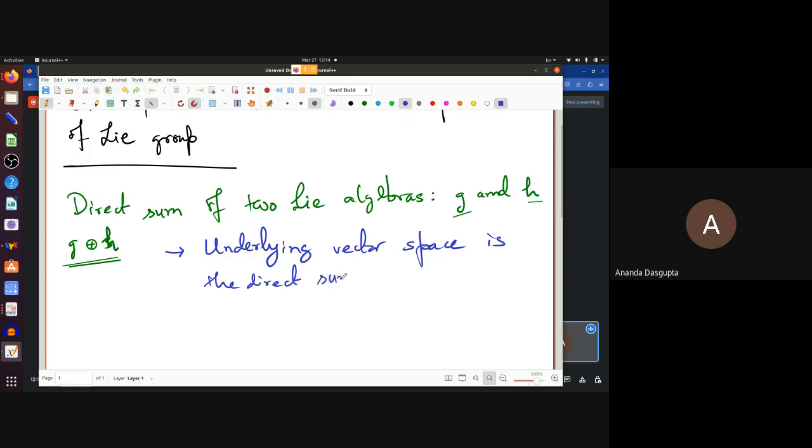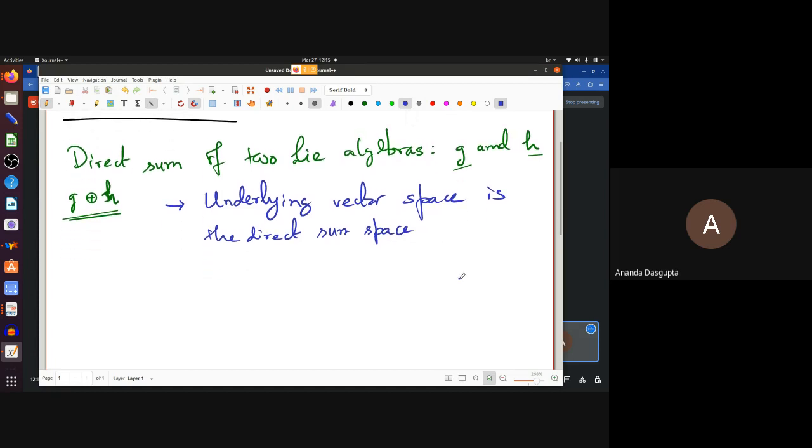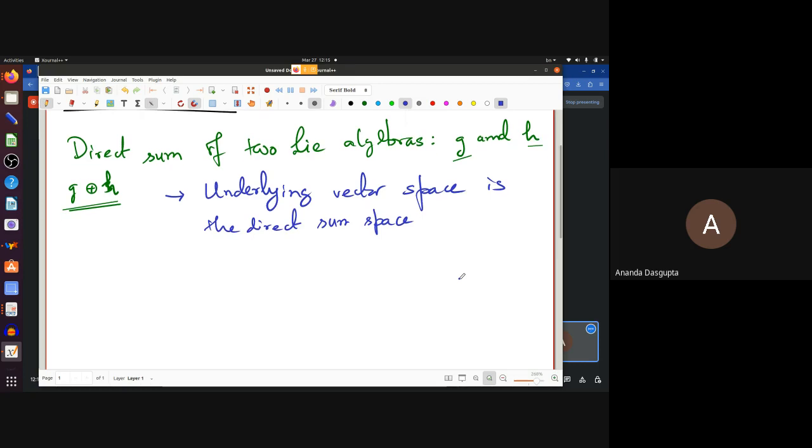Okay, now the important question is, do people remember what a direct sum of two vector spaces is? If you do, we can of course skip a lot of that detail and jump directly to how this works. Okay, so if you remember that, basically, quickly, the elements of a direct sum space formally are actually ordered pairs.